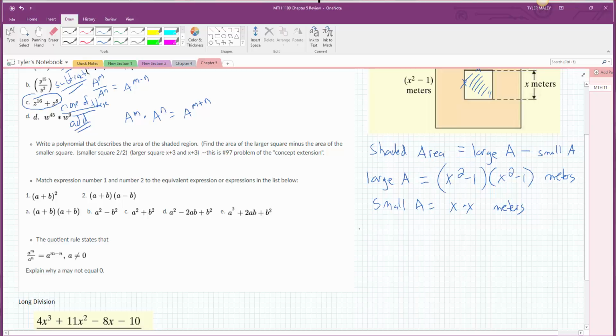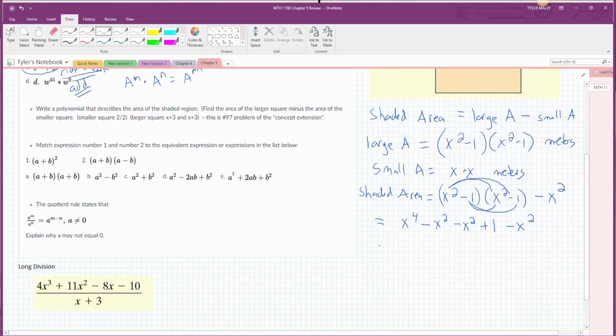So to find the shaded area, we're going to take x squared minus 1 times x squared minus 1 minus x squared, right? So this would give me what, x to the 4th, right? So multiply those, and then take x squared minus 1, so minus x squared, and then minus 1 times x squared, so minus x squared, and then negative 1 times negative 1 would give me plus 1, and then I have minus x squared.